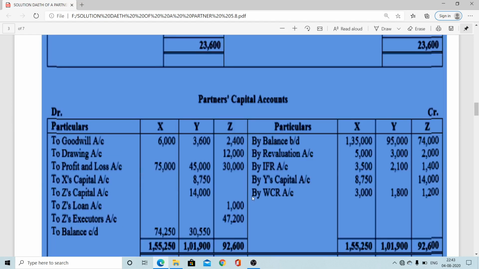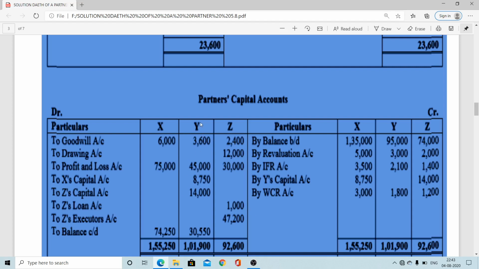Y's capital account debit to X capital as well as to Z capital. So this is the treatment of goodwill here.